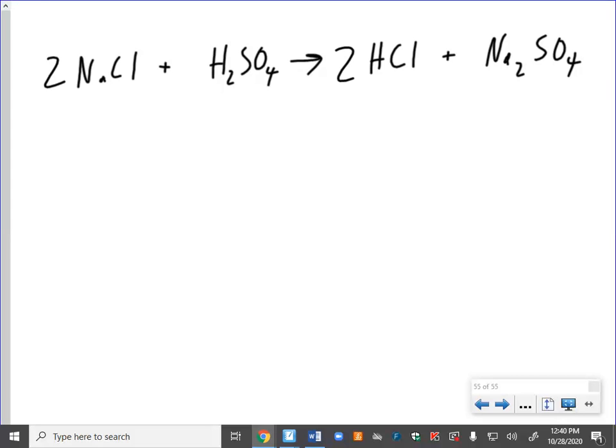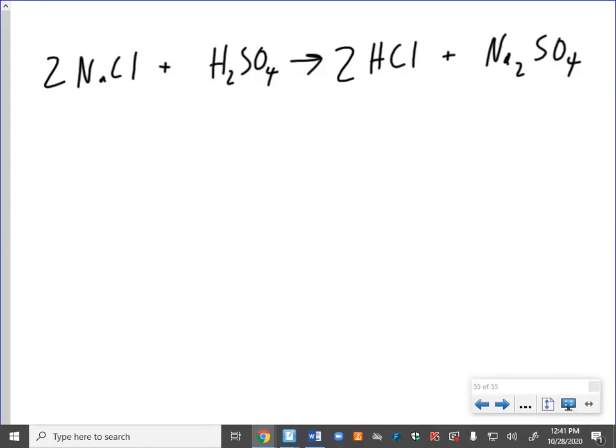You can also change to mass, grams. And to do that, you look on the periodic table. The grams on the periodic table equals 1 mole.